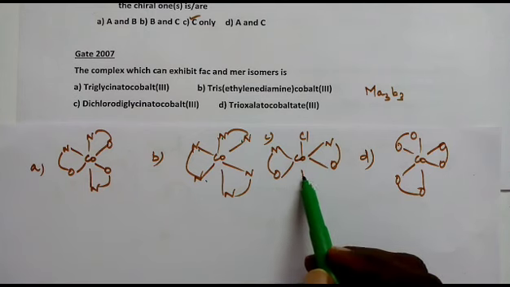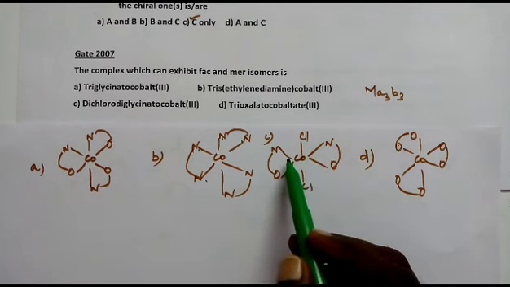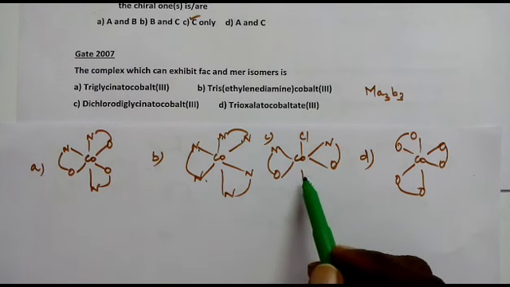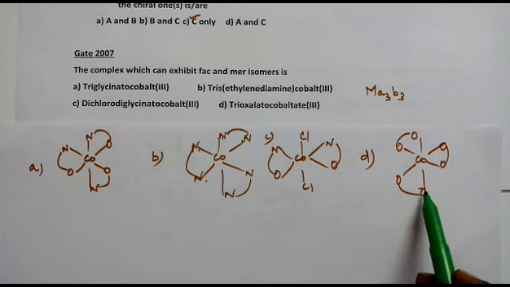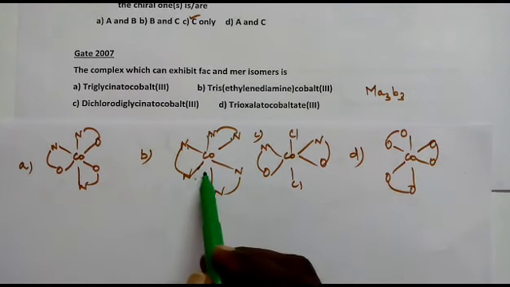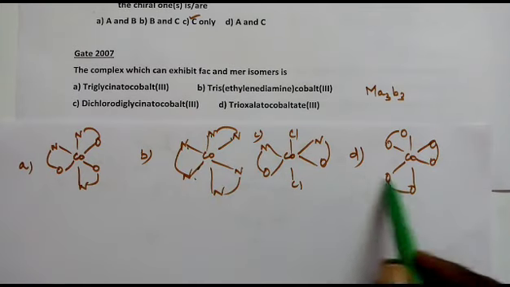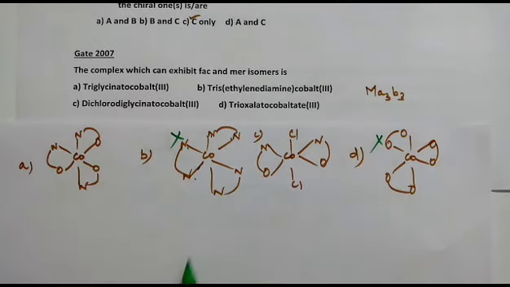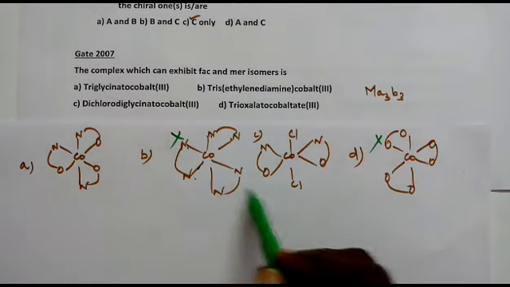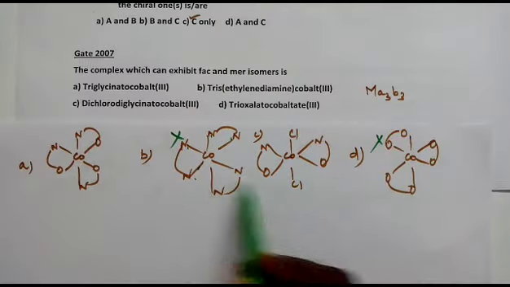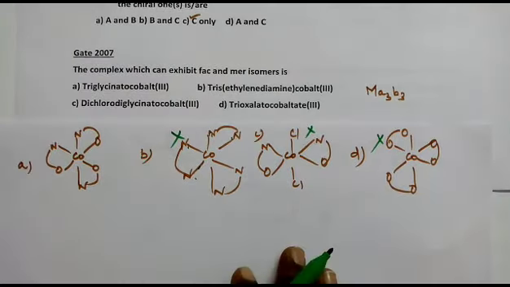If I assume chlorine as A, that is A2, nitrogen as B, B2, oxygen as C, C2. So A2, B2, C2. But look at this one: everywhere 6 oxygen, just like the glycine, just like ethylene diamine. So this one no, this one also no. You can't get facial isomers, MA3B3 type, in these three. But look at this one.